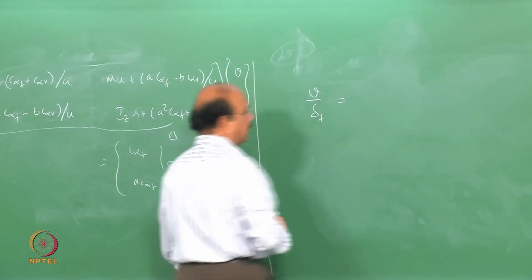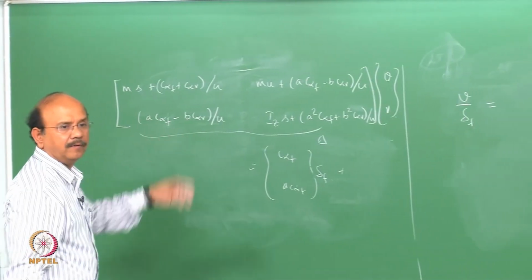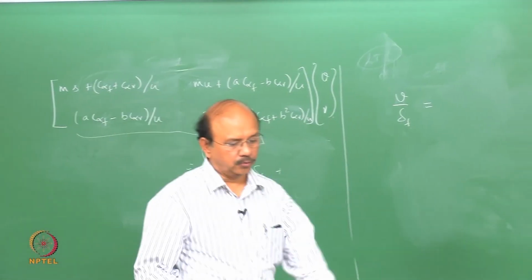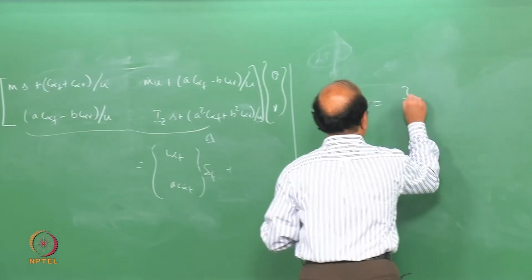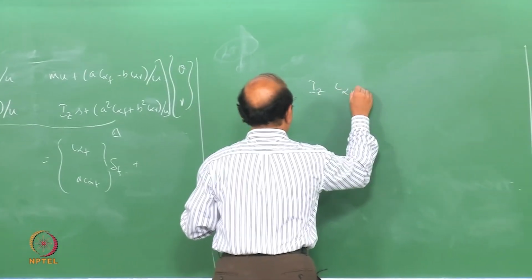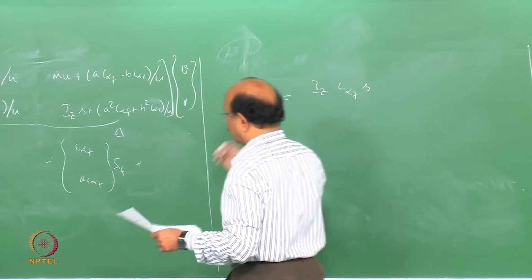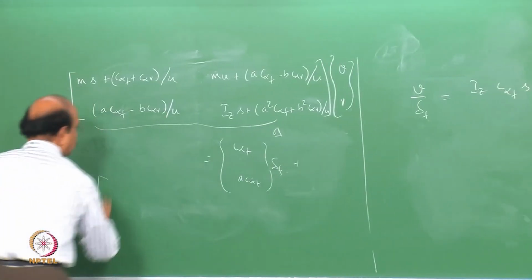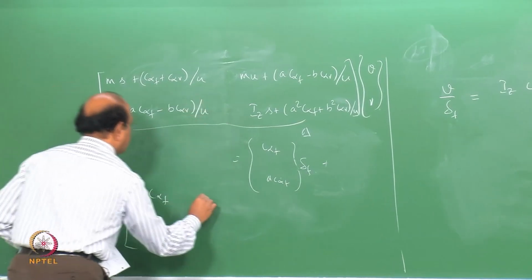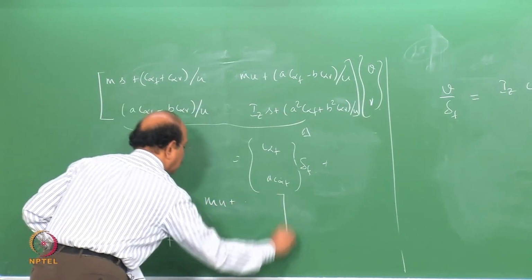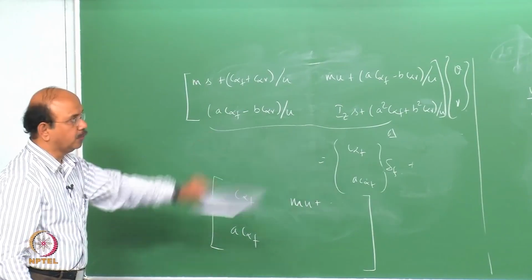V by delta F is equal to, substitute that, multiply it. I'm not going to do all those multiplications. You do that, so that I will write down the final expression, C alpha F. Yes, that's the first term. Okay, so what do I do? Obviously, C alpha F, A C alpha F, then M U plus. So the determinant of that is my numerator.